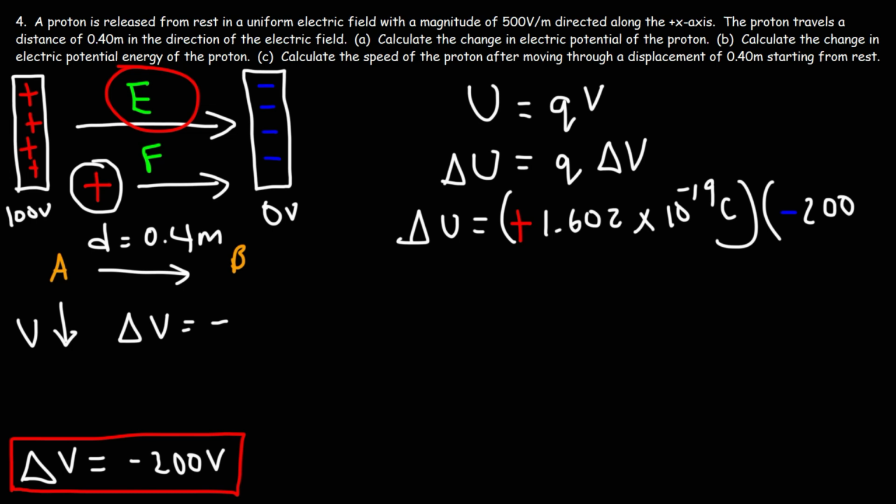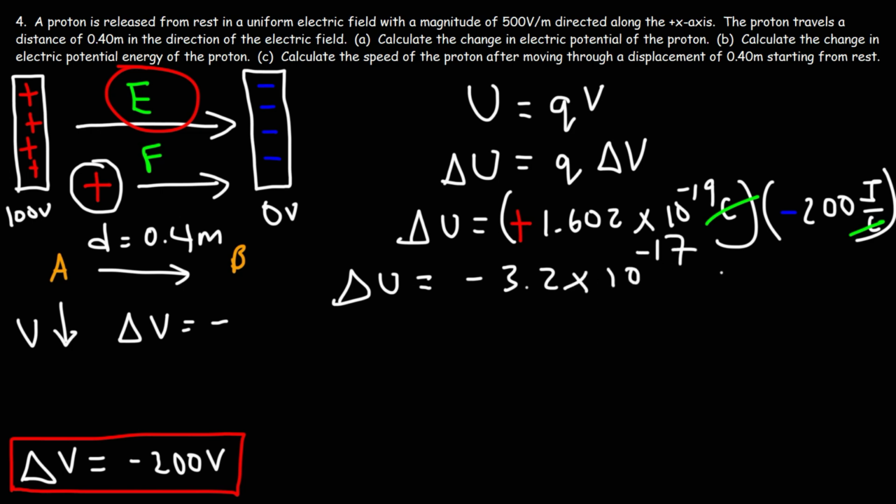Or we could replace the unit volts with joules per coulomb, so that we can cross out the unit coulombs and get the unit joules. So the change in electric potential energy is negative 3.2 times 10 to the negative 17 joules. So that's the answer for part B.